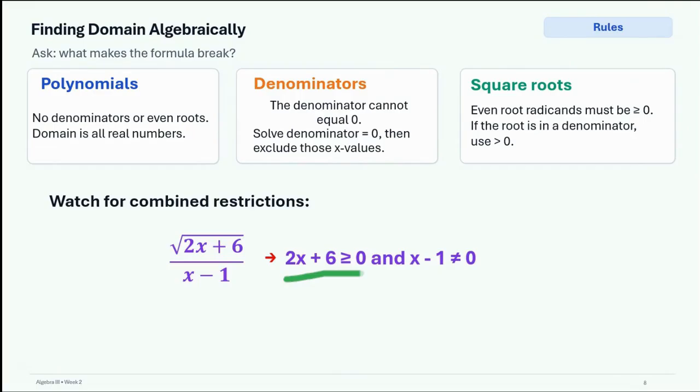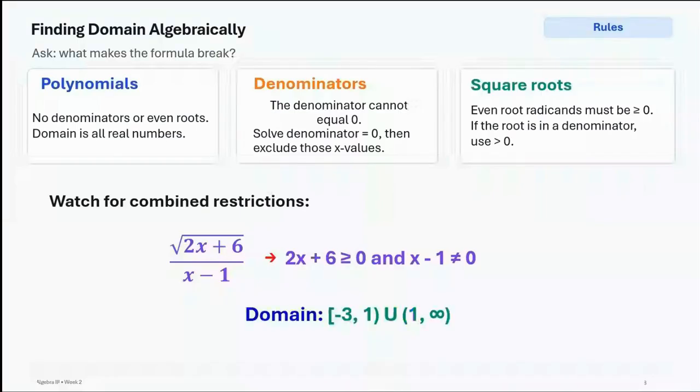So that's what we solved. And we found out that as long as x is -3 or larger. And the denominator rule tells us that x minus 1 cannot equal 0. And that led us to this domain where we said -3 to 1, union, 1 to infinity.